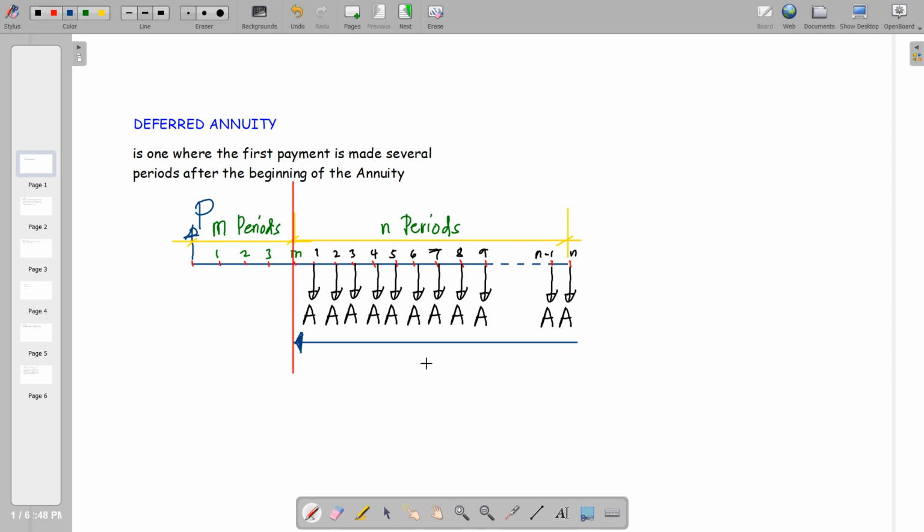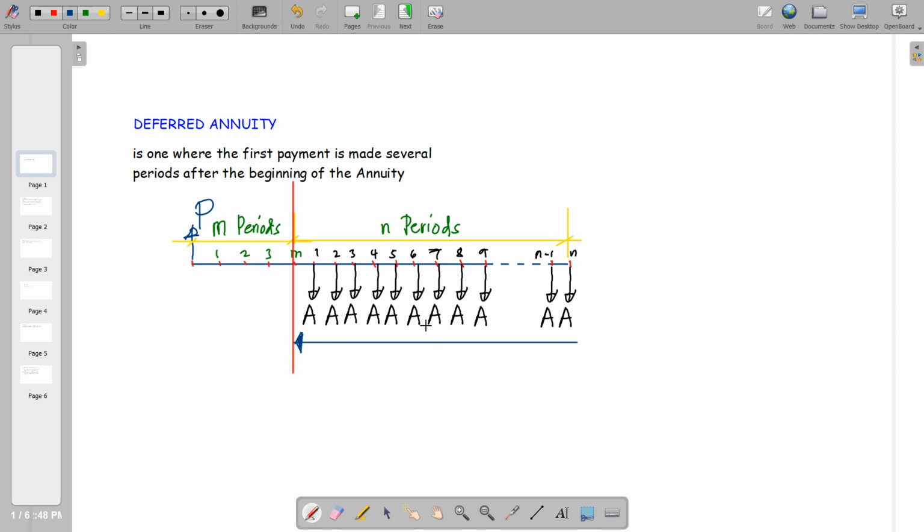This is the backwards calculation from the future up to the last payment, brought to the M period, and this will be treated as an ordinary annuity.